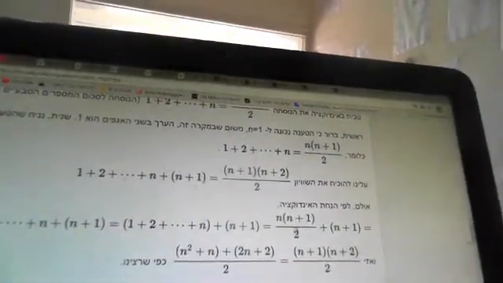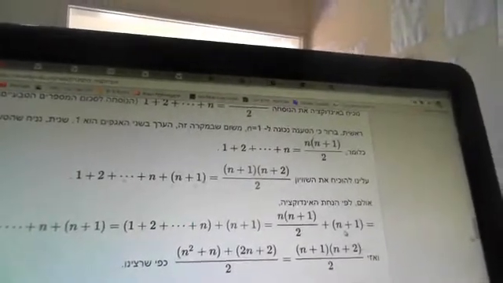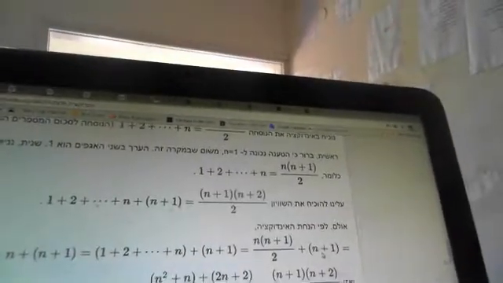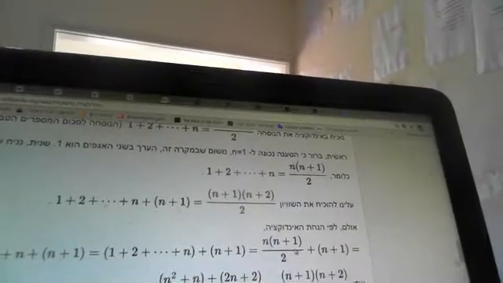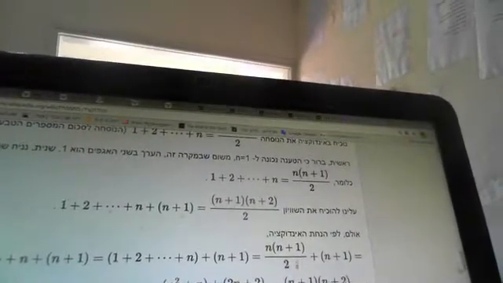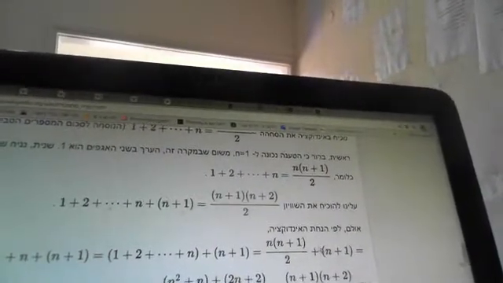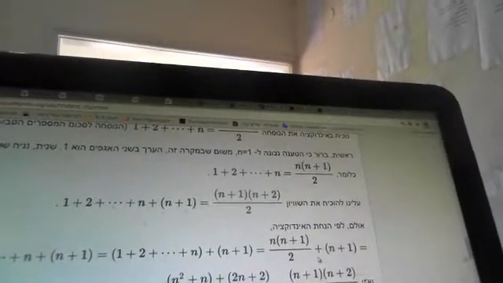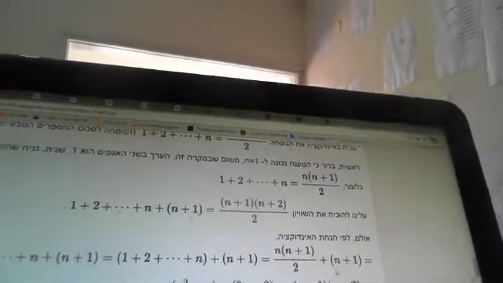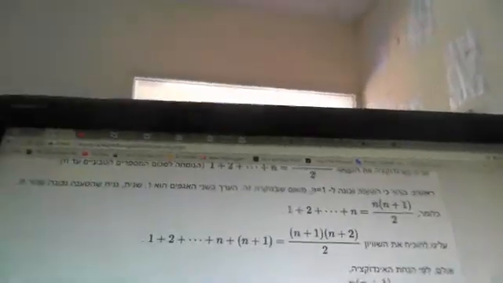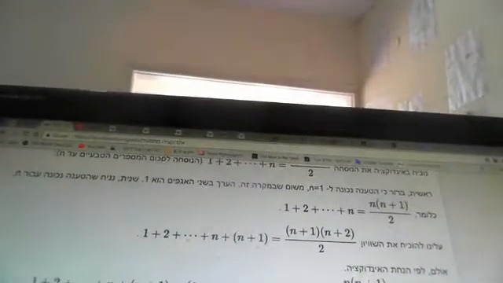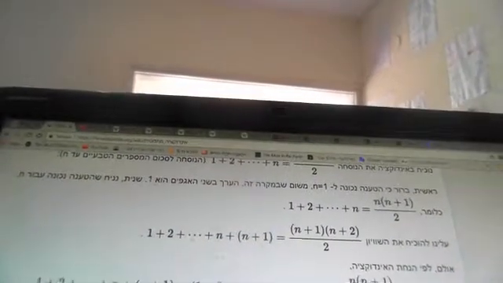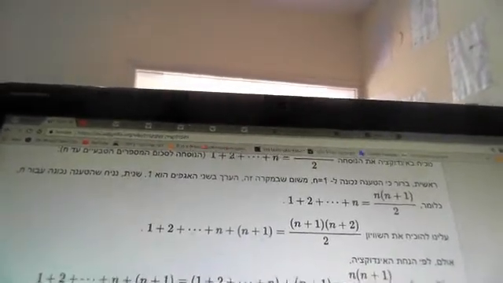Then if we put n plus 1 on there, we multiply by 2 and divide by 2, so we didn't change anything. So we get 2n plus 2, all divided by 2.